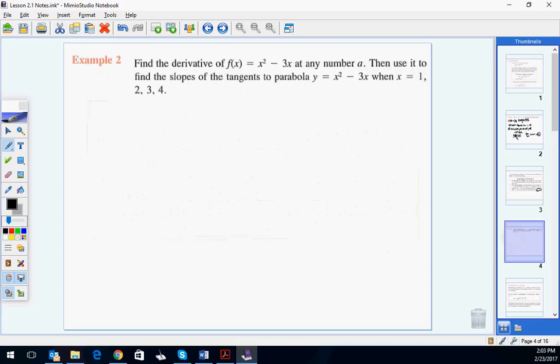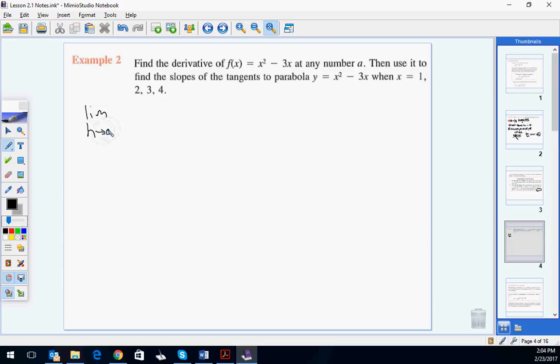Okay, so find the derivative of x squared minus 3x at any number a. Then use it to find the slope of the tangent to the parabola x squared minus 3x at 1, 2, 3, and 4. So we're going to do the same thing we've been doing. Again, you can use either one. I'll just do this one.